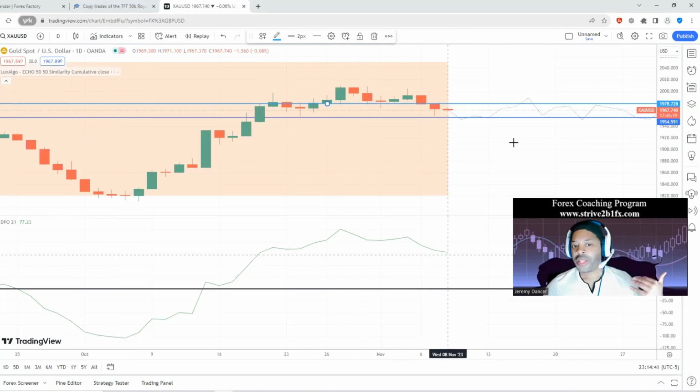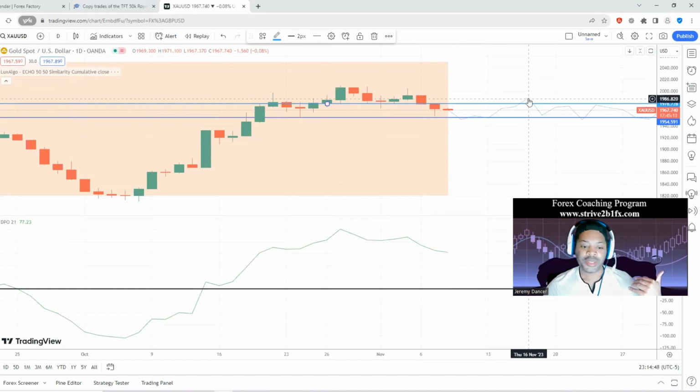Even on the daily time frame, it only has a pullback to maybe 1986, and it's saying that could happen on Thursday. That's kind of iffy. I don't think it's going to reach that, but a couple things to watch out for.